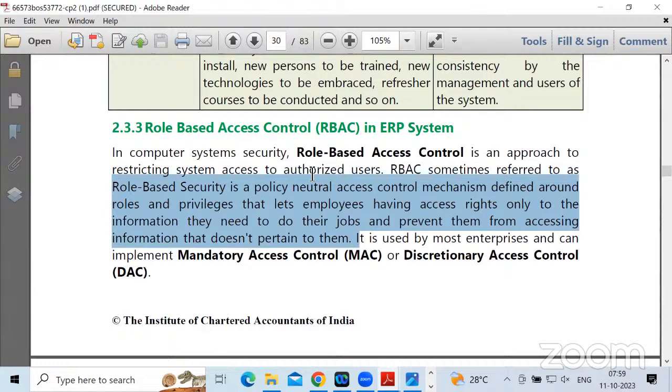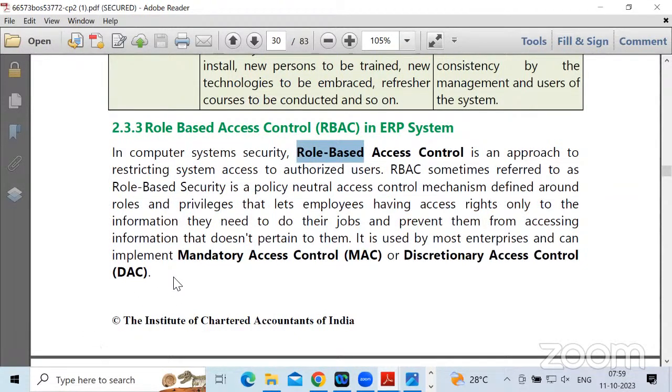The privileges are given according to the role he is playing. Example: accounts manager, sales manager. Now let us assume that the accounts manager is given the permission of read and write. So you are given read as well as write.